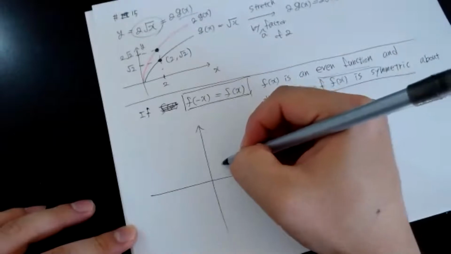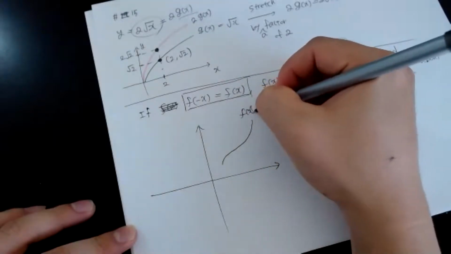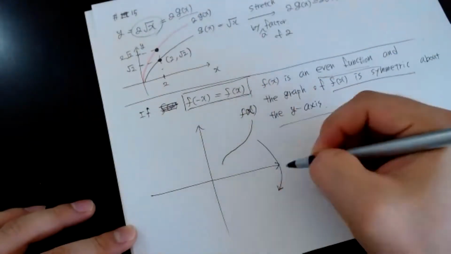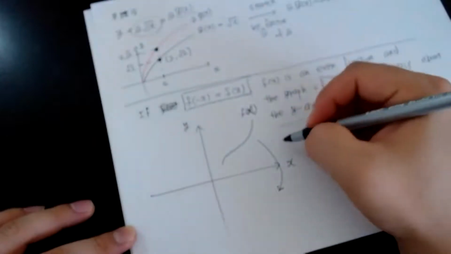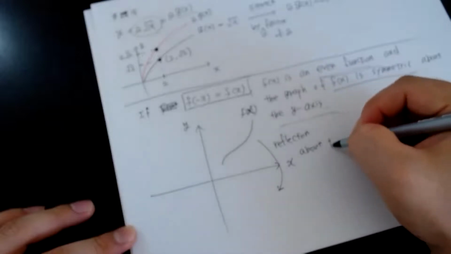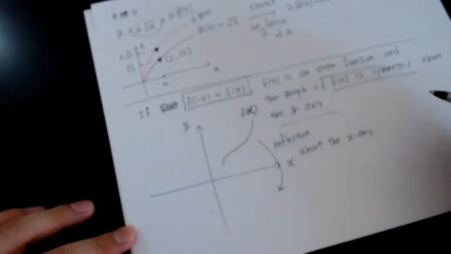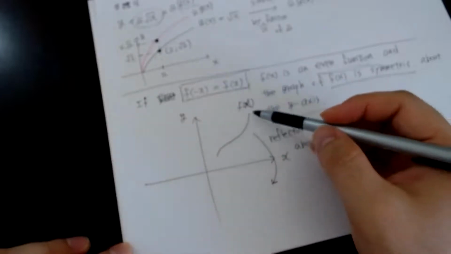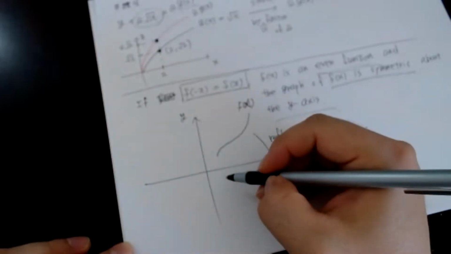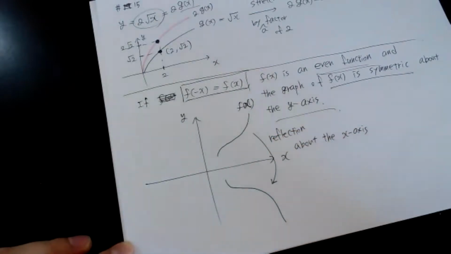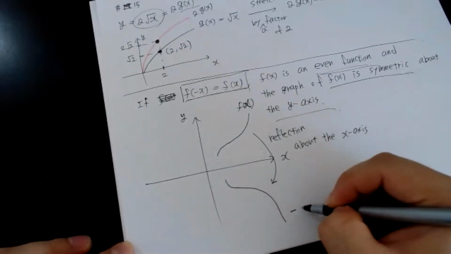Let's say this is the graph of f of x. Reflection about the x-axis means we flip the graph of f of x about the x-axis. So we get this, right? Then what happens to the equation of f of x? We get negative f of x.